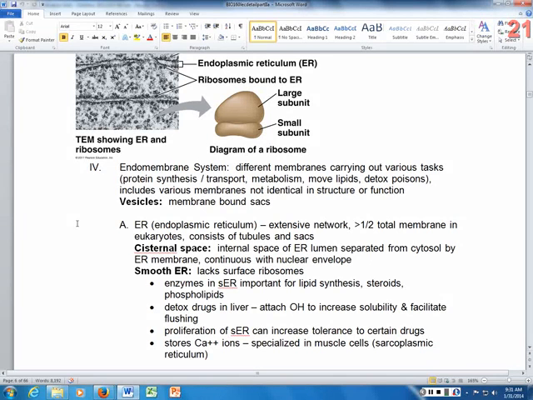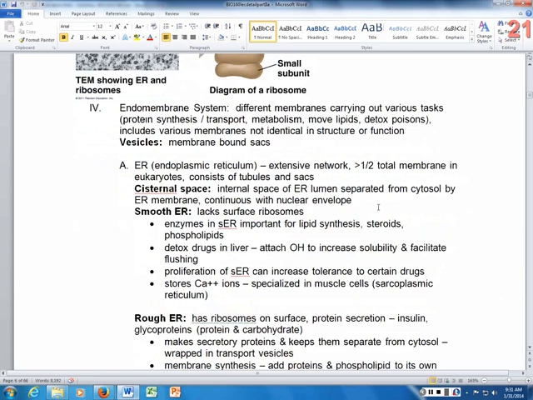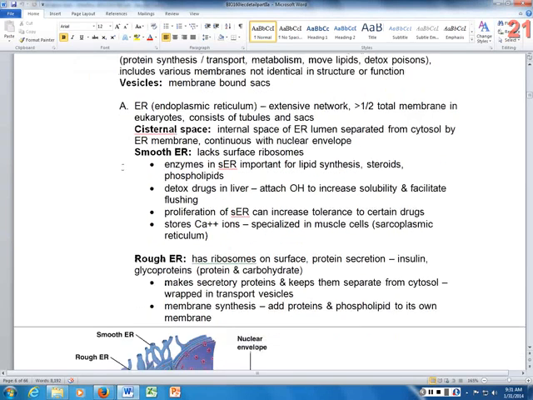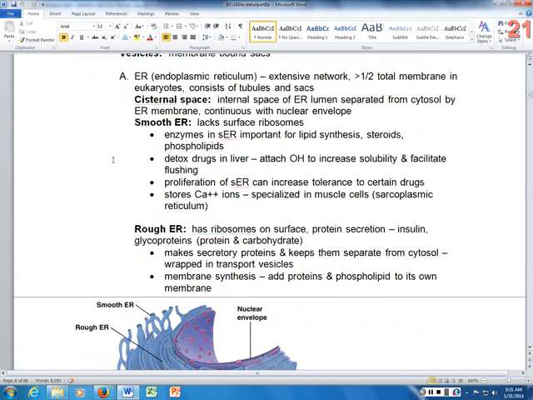So the endoplasmic reticulum is that membrane network. It's over half of the total membranes in eukaryotes, and it's tubes and sacs. Inside the tube or the sac is the cisternal space, and that being inside will be separated from the cytosol. And it's continuous with the nuclear envelope.